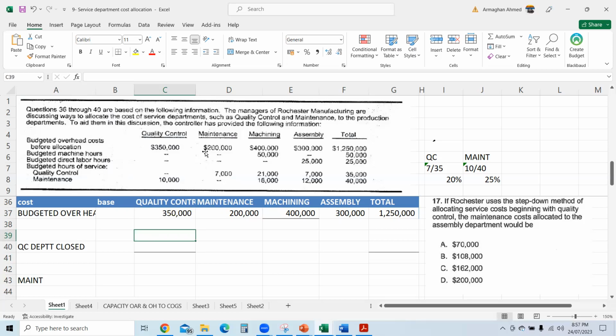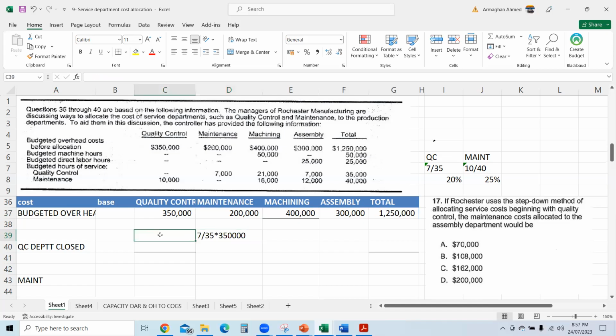So how much to maintenance? 7 divided by 35 into how much is the cost? 350,000, right? I should bring it here in the column, in the maintenance.